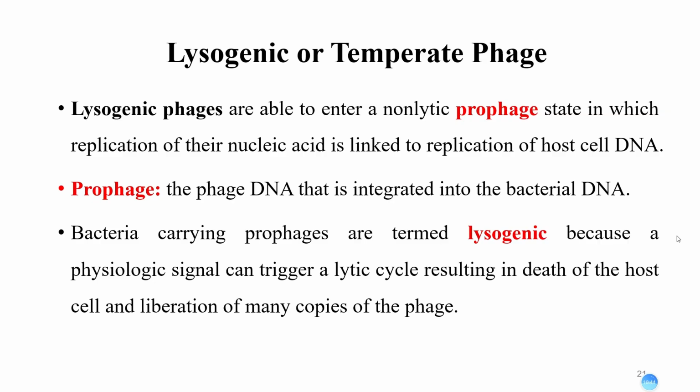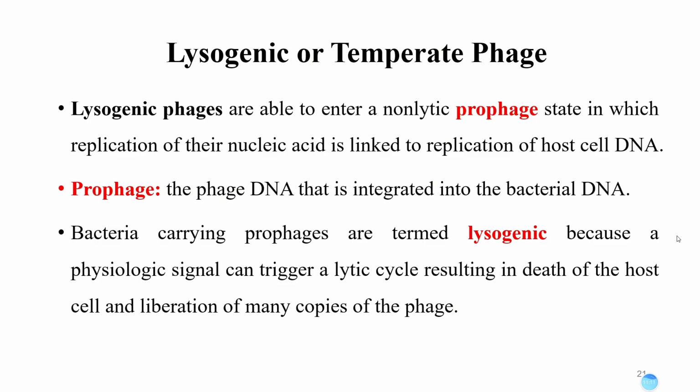This stage we call prophage. When the bacterial cells replicate, the phage DNA will also replicate with the bacterial DNA. It does not kill the bacterial cell immediately. Okay? So that's the lysogenic phage.